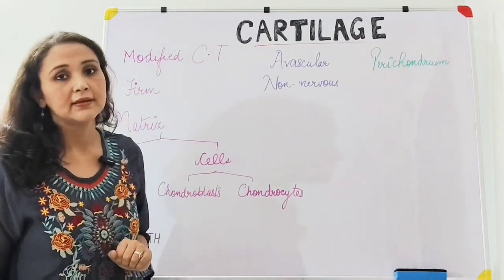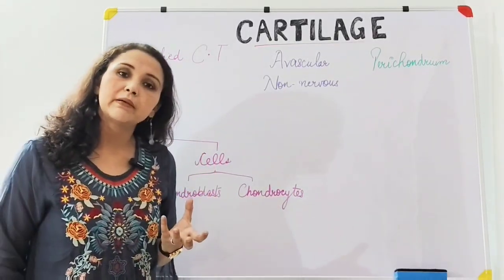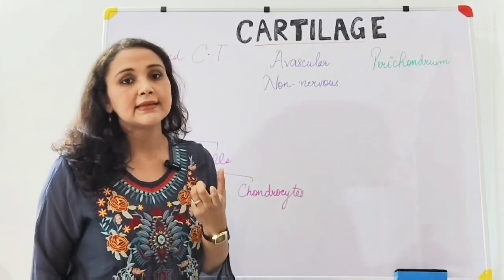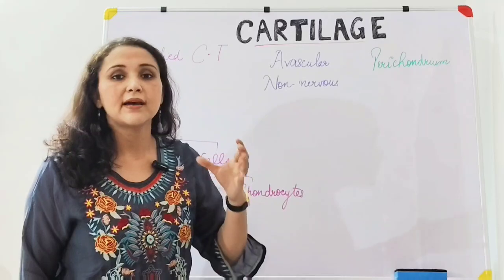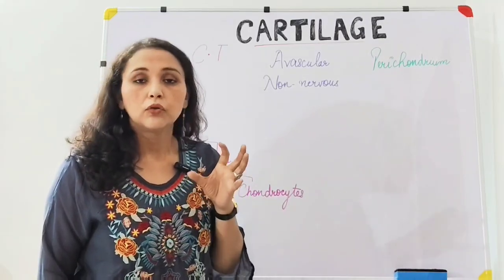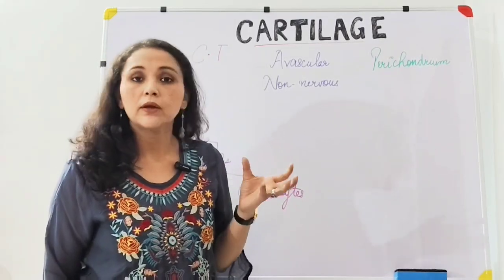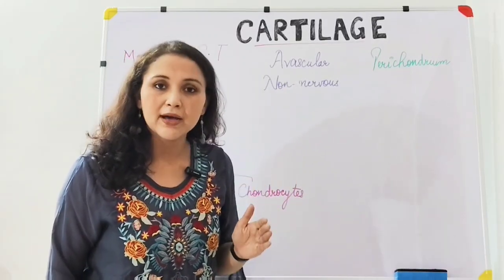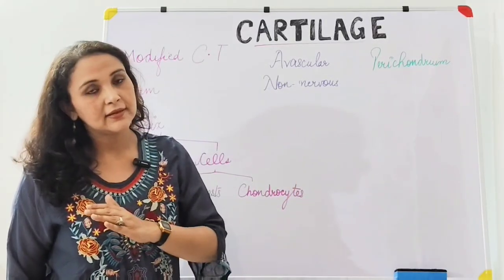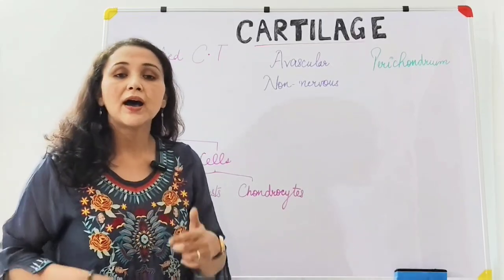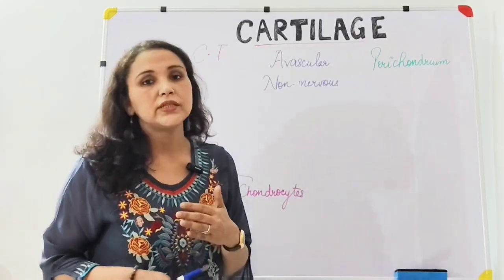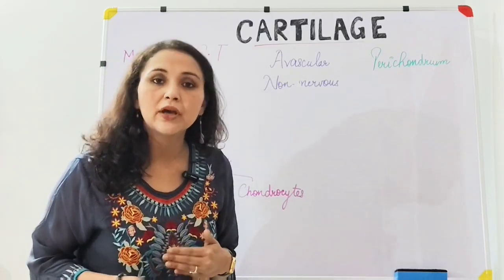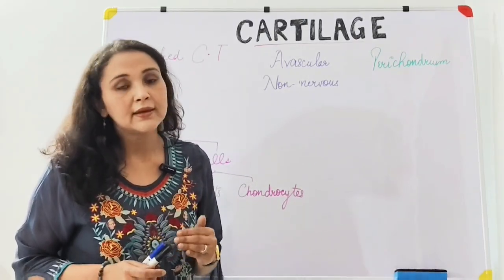Then there are cells. You should always remember that if we are talking about cartilage, the name of the cells always starts with chondro. Chondro is the name that is used for cartilage. So there are two kinds of cells, chondroblasts and chondrocytes. The cells which are in the stage of division, which can divide mitotically and produce more cartilage, are known as chondroblasts.